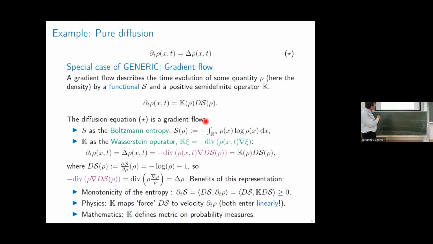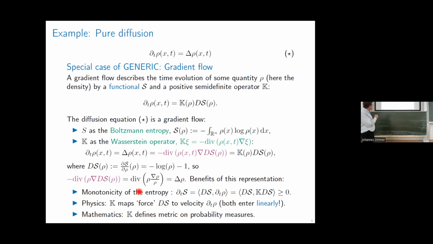And to see that this indeed reveals physics, I take the Boltzmann entropy, rho log rho, integrated with a minus sign. K is in this case the Wasserstein operator, divergence of rho gradient, also with a minus sign. And then I claim I can indeed write the linear diffusion equation in this way, namely minus divergence of rho gradient, that's the K, acting on the derivative dS.